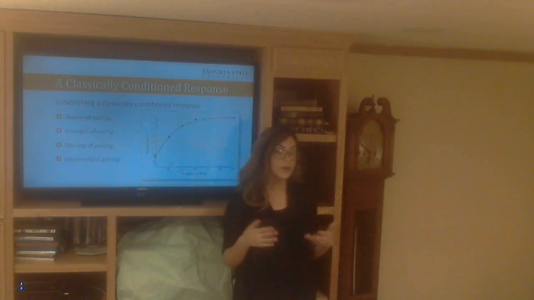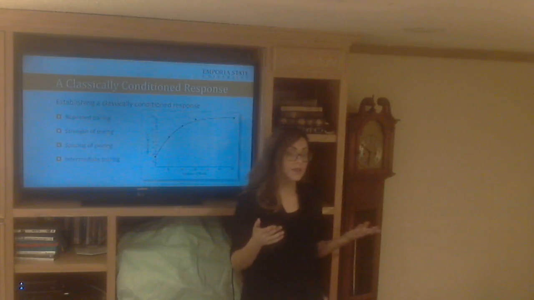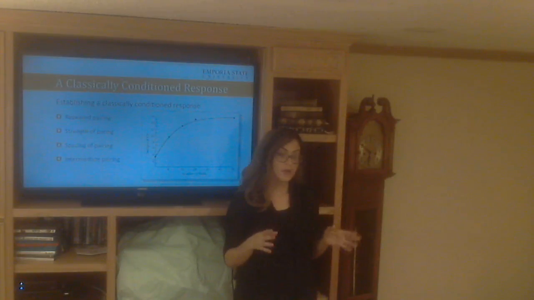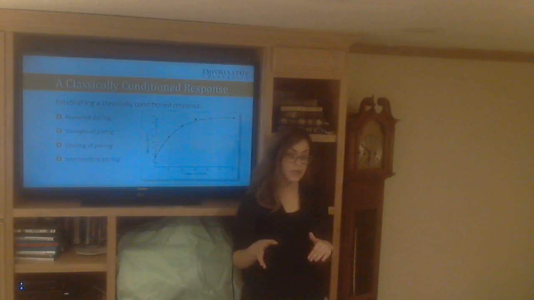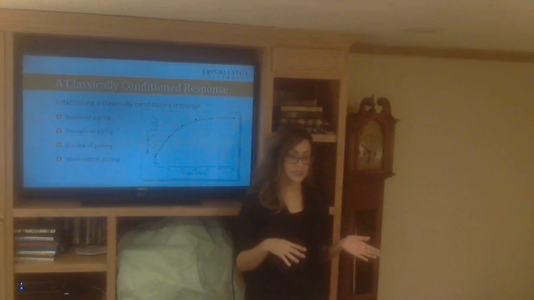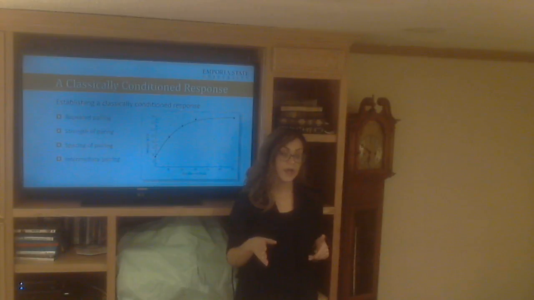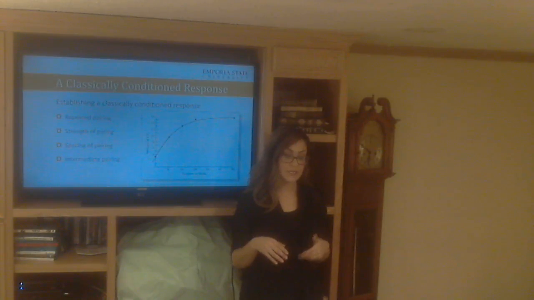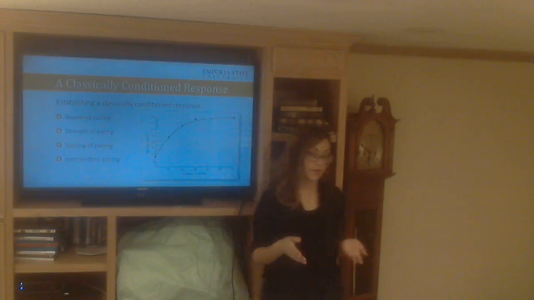So it is important that the CS and the US, the unconditioned stimulus, are never alone. Infrequent pairing of the conditioned stimulus and the unconditioned stimulus reduces the rate of learning and the final strength of the learned response. This is called intermittent pairing.